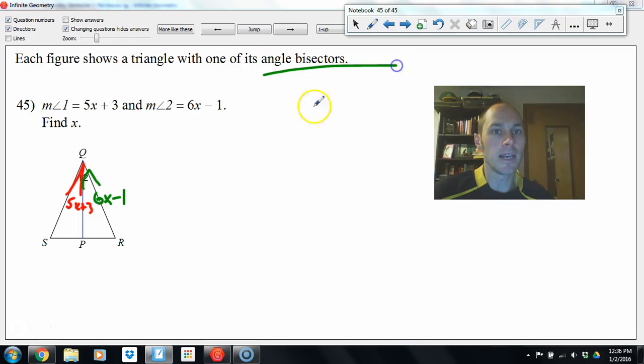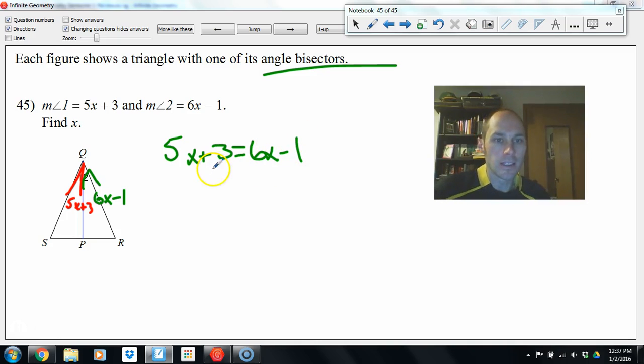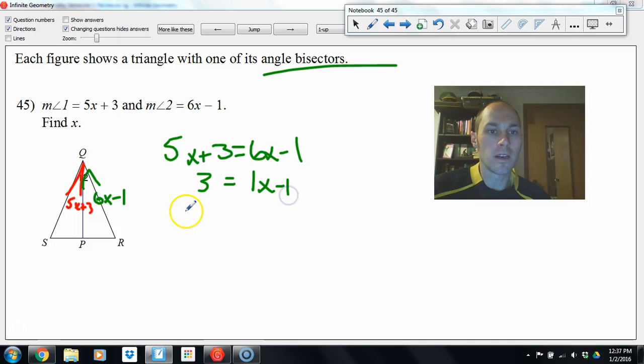Well, if it's an angle bisector, PQ splits the angle in half, so they're equal to each other. So 5x plus 3 would be equal to 6x minus 1. Then I'd solve for x, so let's get the x on one side, so subtract 5x from both sides. Add 1 to both sides, x would be 4.